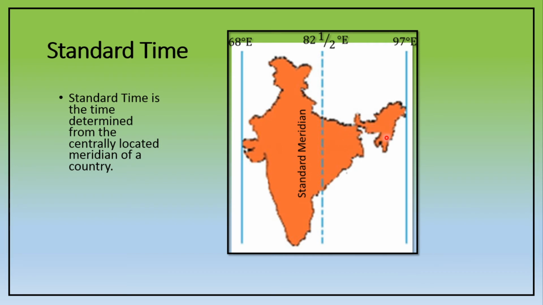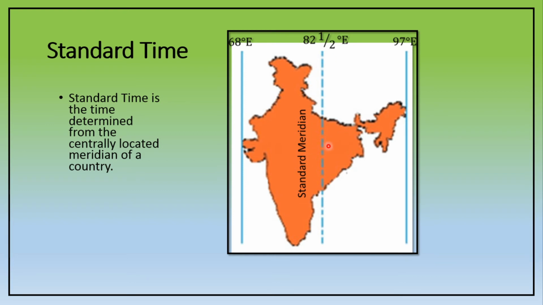Here we need to take note of a very important thing: from Gujarat to Arunachal Pradesh, there are about 60 degrees of longitude. So if we calculate, we should have had two standard times.